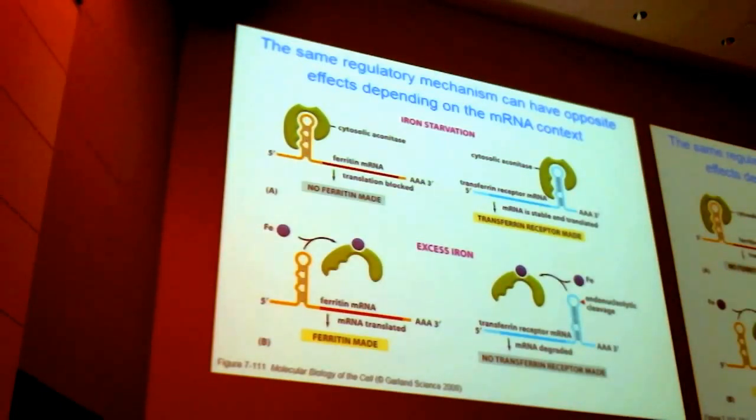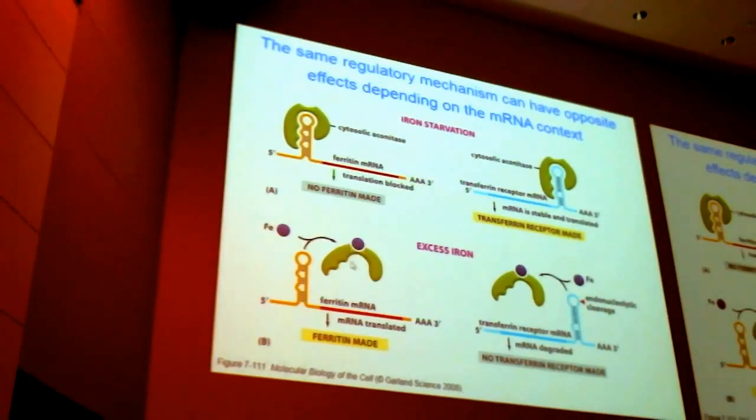Now, what happens when you don't have iron is that you have different regulation in both sides. On the left, ferritin is not getting made, but transferrin is getting made. So if you don't have iron, transferrin is made so that more iron can come in. But when you have iron, the same thing happens in both places.